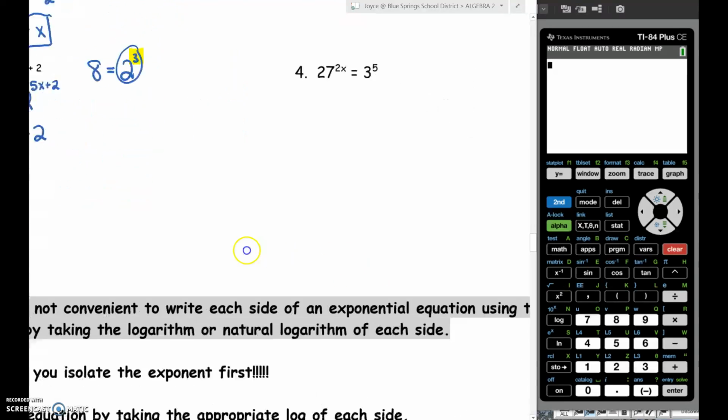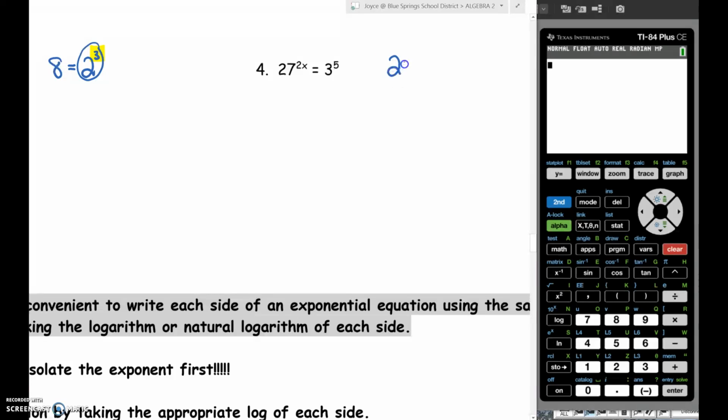So we need to think about, can we take 27 and rewrite it as 3 to the something? 3 to the third. So 27 is going to leave, and 3 to the third will take its place. The original exponent 2x just goes in parentheses after that 3.